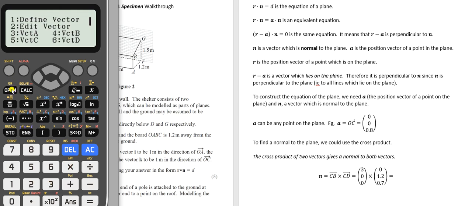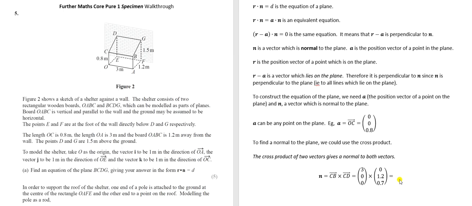Vector A cross vector B. The order in which you do a cross product does make a difference. The only difference it makes is in the sign of the answer, whether it's positive or negative values. So this one, 0, minus 2.1, 3.6, is a perfectly valid normal vector. If we'd done it the other way and got positive 2.1 and negative 3.6, that would also have been a valid normal vector.